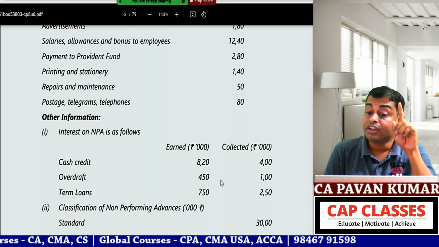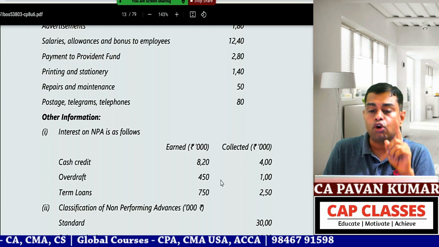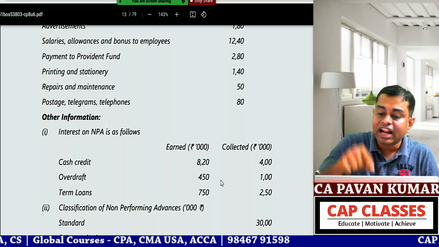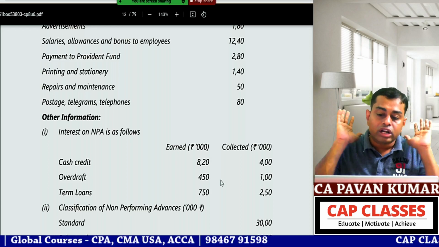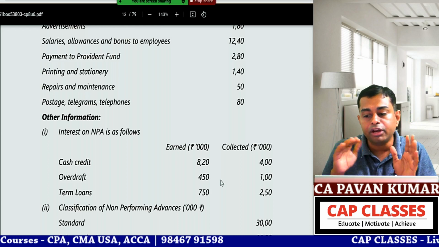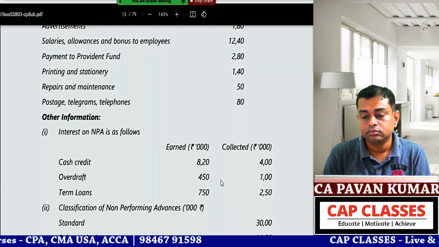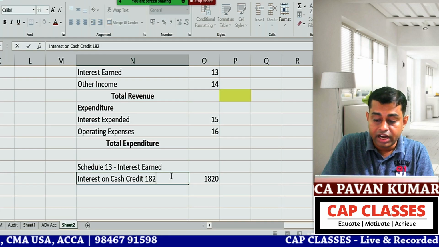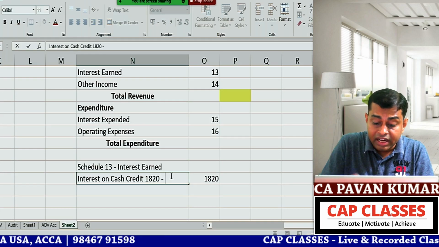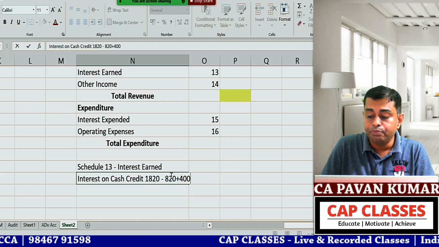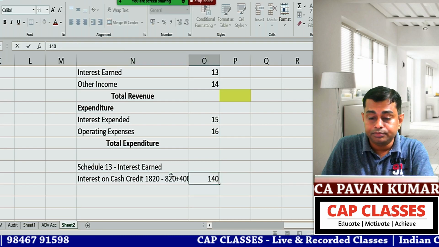Don't you think from the above 1820, you subtract one number, add one number? Subtract 820, add 400. 1820 minus 820 plus 400. So it is 1400.